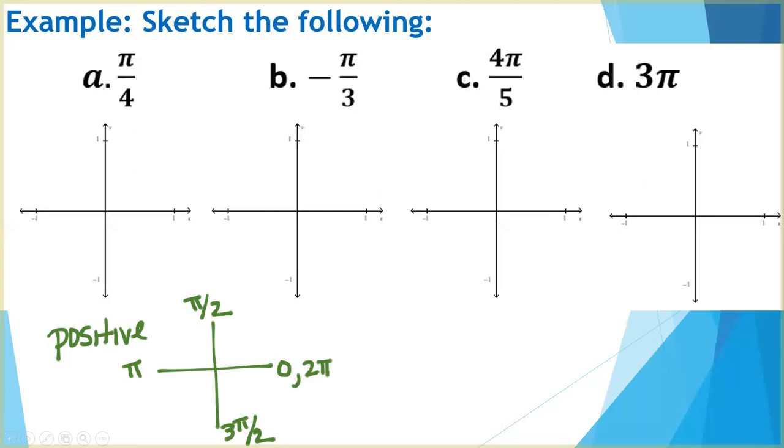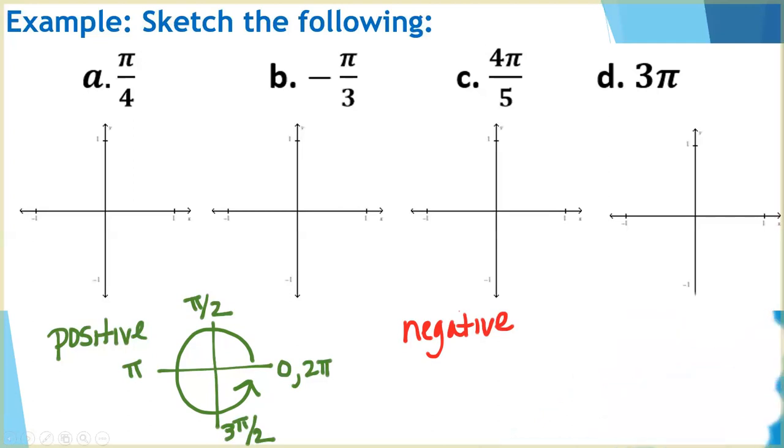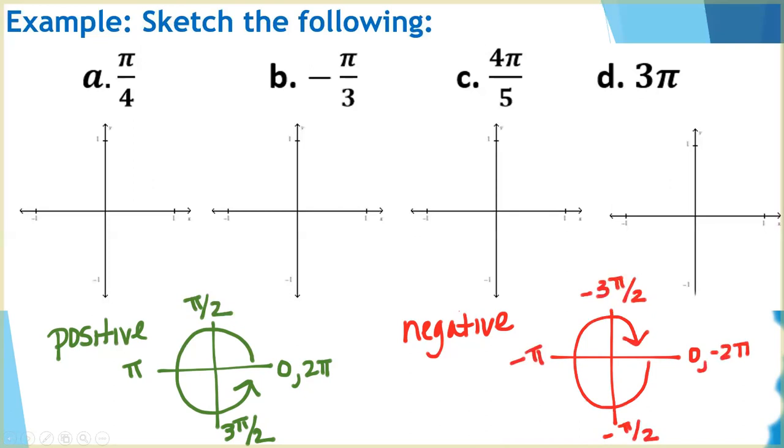And then because we're going counterclockwise for a positive, for our negative, we go 0, negative pi over 2, negative pi, negative 3 pi over 2, and negative 2 pi. And that's rotating clockwise.